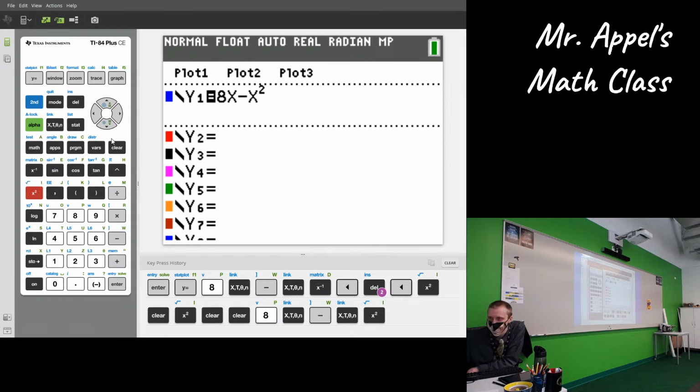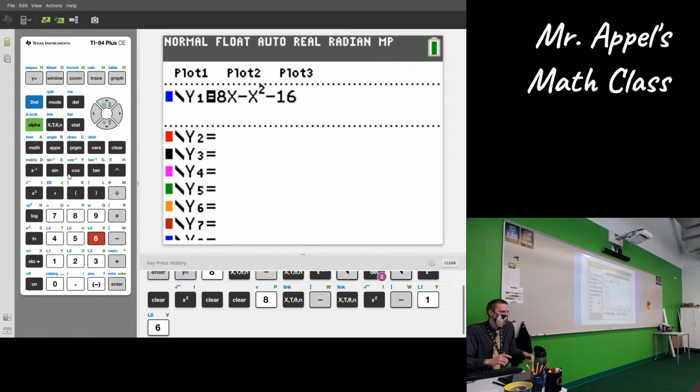That's fine. Okay, and then if we move that 16 to the right-hand side, it would be a minus 16. It's not in standard form. It's not in order. The x squared term should go in front of the linear term. That's okay. It doesn't matter on the calculator. Don't worry about it.